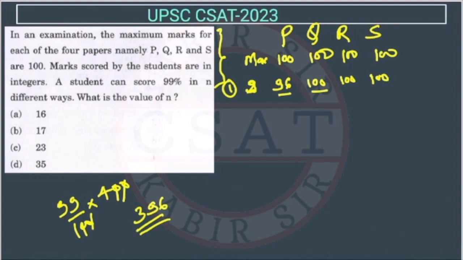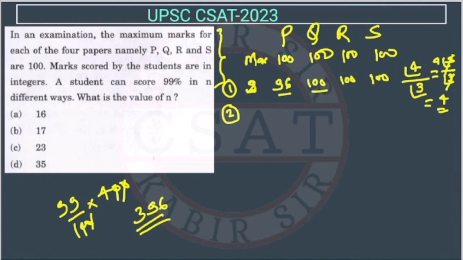So how many possible ways can we arrange them? Factorial 4 ways. Out of these, 3 are 100, so they are similar, so we will divide. So factorial 3 will cut factorial 3, and we will get 4. So 4 ways we can arrange this.